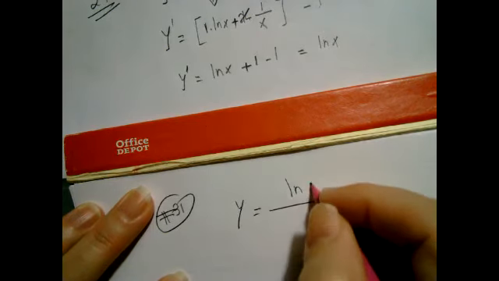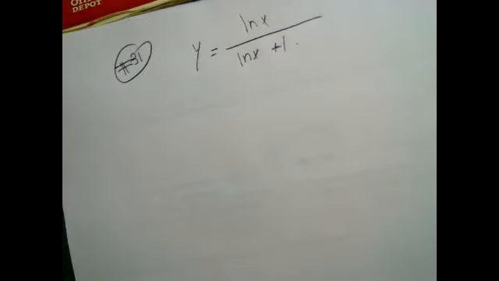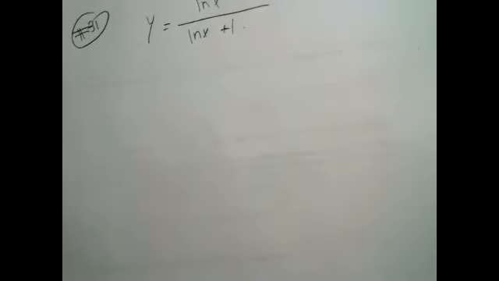So this is ln of x over ln of x plus 1. Again, what do you see quickly? Quotient rule. Immediately, that's a quotient rule.